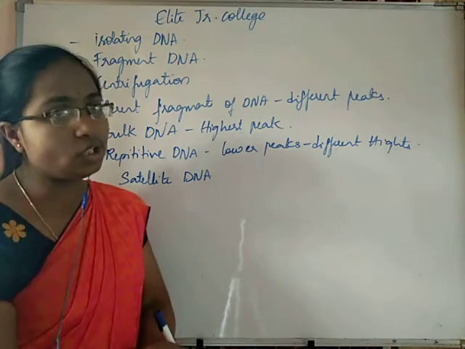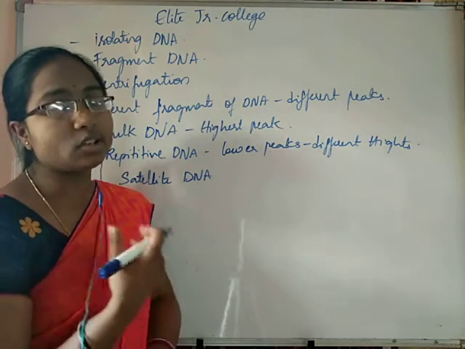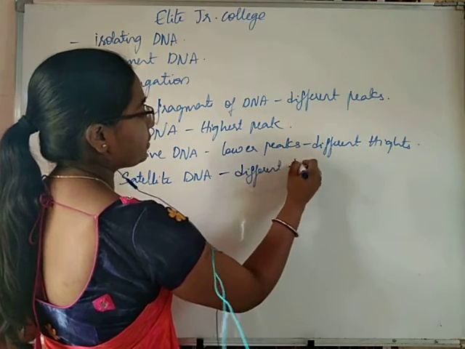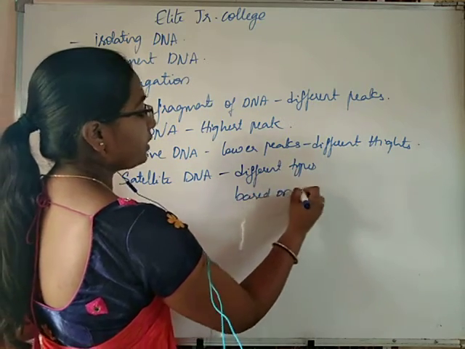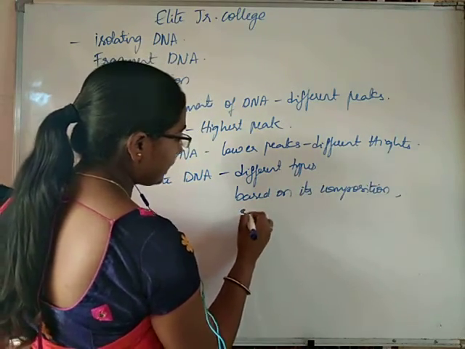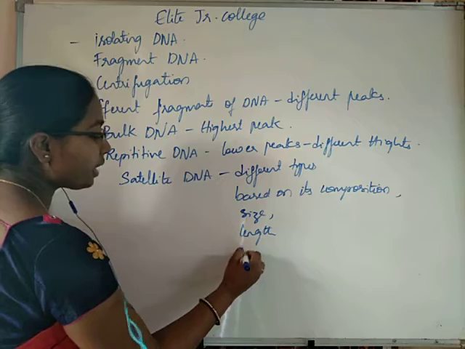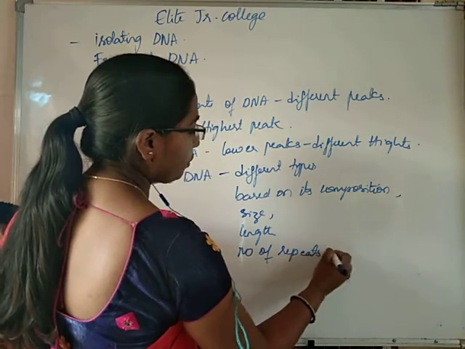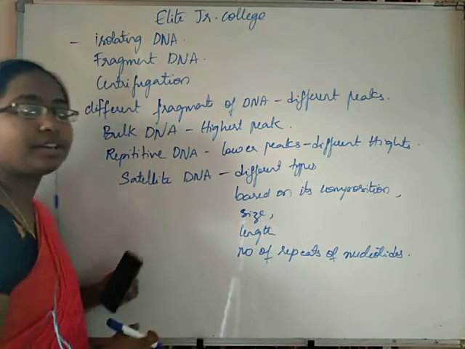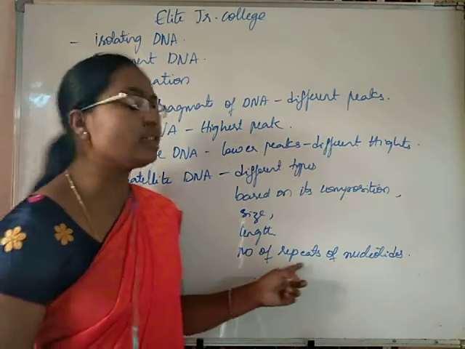Satellite DNA is categorized into different types based on its composition, based on its size, the length of these fragments, and the number of repeats of nucleotides.